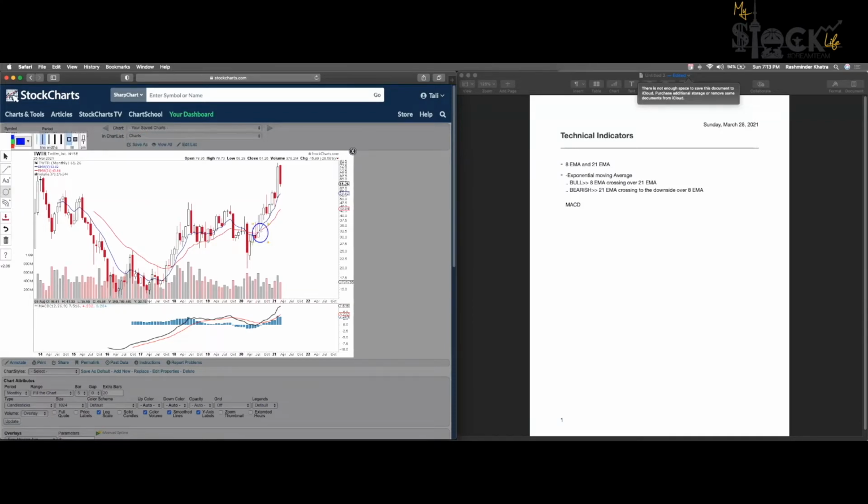On the monthly, the 8 and 21 EMA was crossing, and then the MACD was crossing right here. And when you see these indicators cross, the more you zoom out of the chart, the more accurate these indicators are, right?